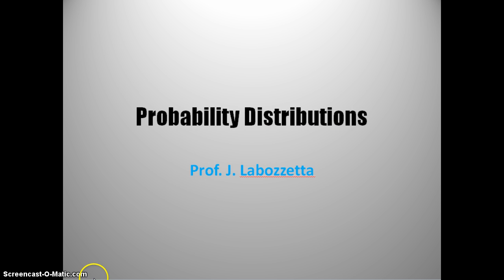Okay, so this concludes our mini lesson on probability distributions. You will be talking about some examples in class, and you'll see that most of the time you're just going to want to understand how to construct a probability distribution given an experiment. You'll need to evaluate whether something is actually a probability distribution, and that's just by looking at the sum of the probabilities, checking that they're equal to 1, but also checking that all the probabilities make sense, so no negatives or no values that are greater than 1.